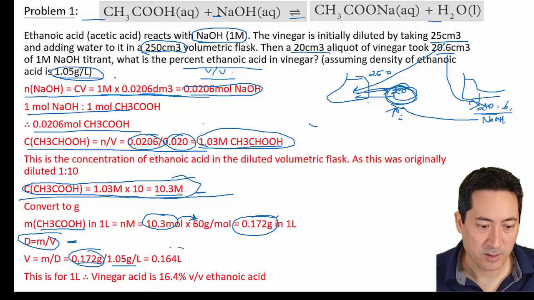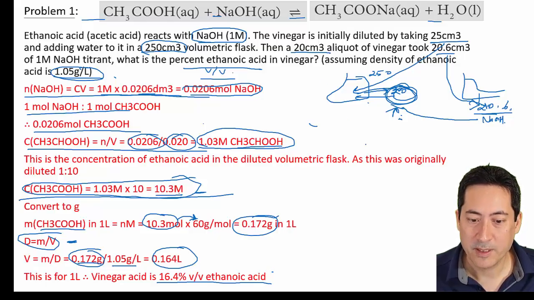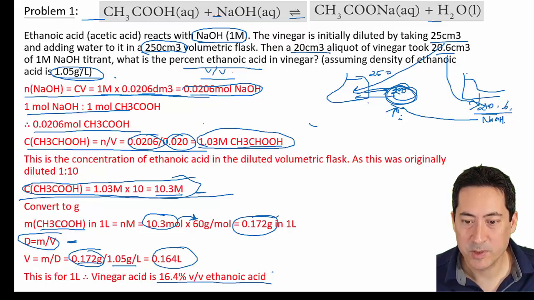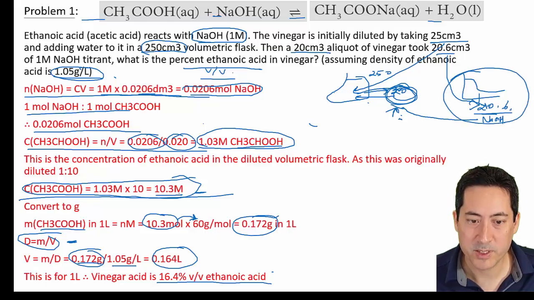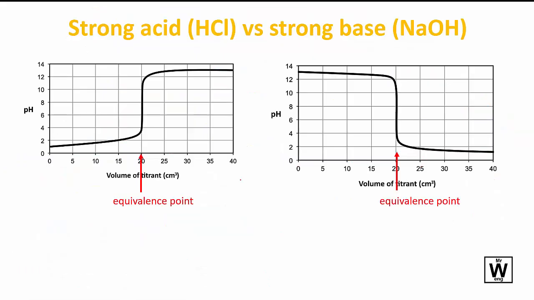So we've got 0.164 litres of ethanoic acid in a litre of the solution. And because that's 1 litre, that's 16.4% ethanoic acid, which is quite concentrated in this original solution. Okay, so that's just an example using a titration curve potentially or potentially not. So make sure you do lots of those practice questions too.